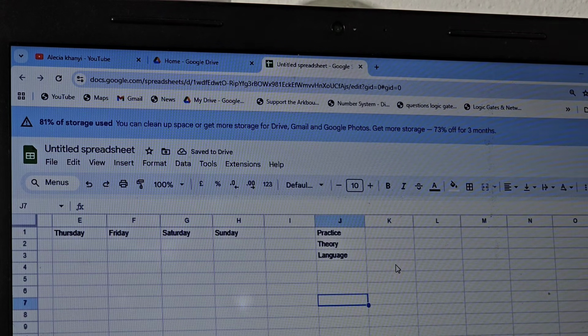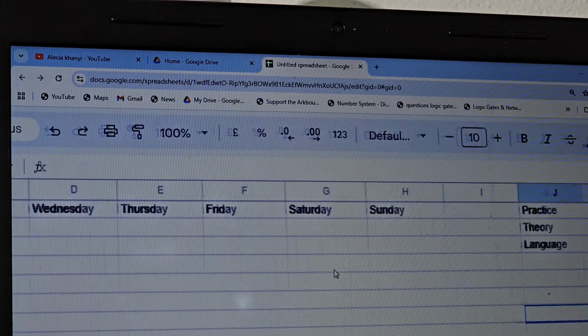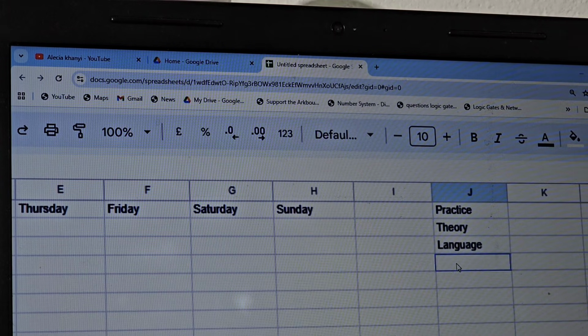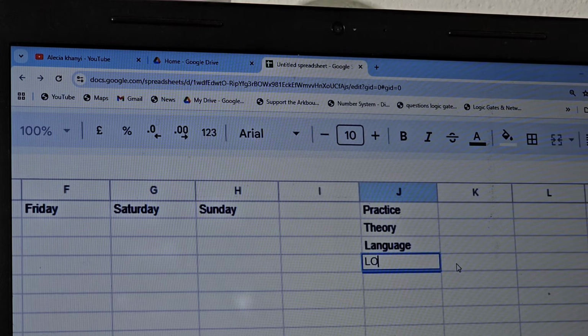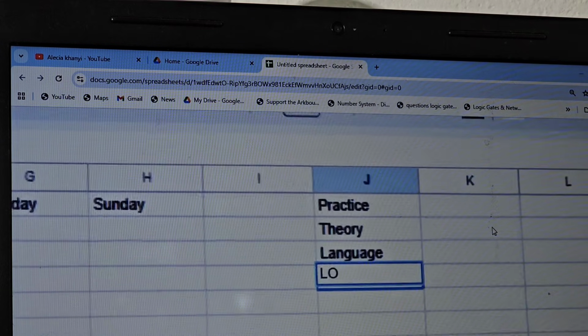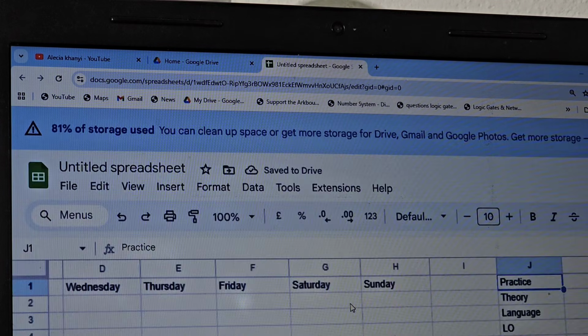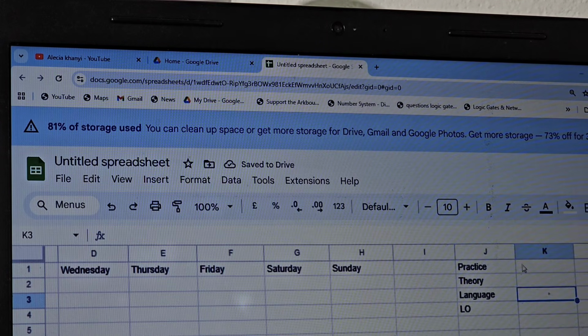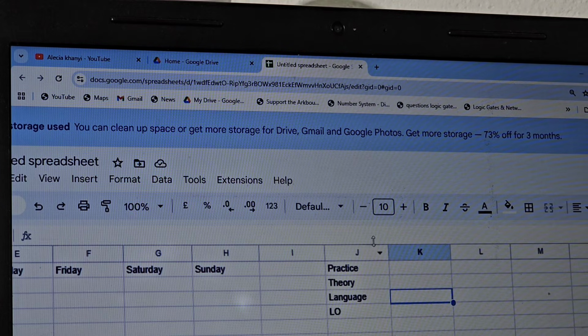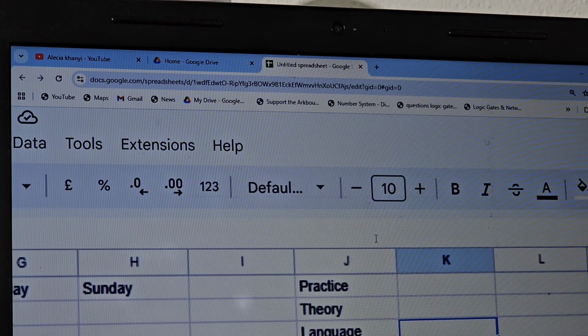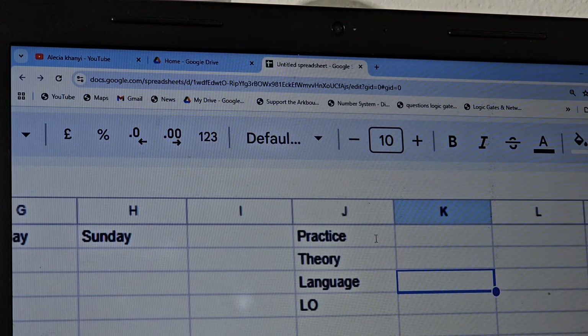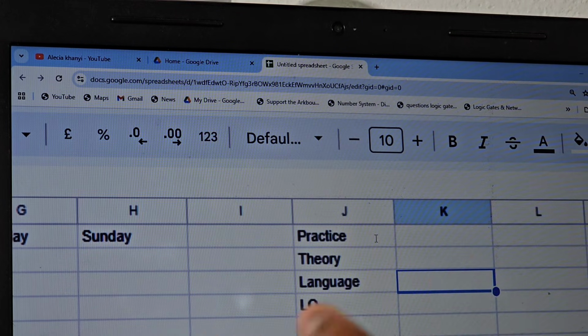Maybe I should stop zooming. Maybe I should have done a test shot before I actually did it. Okay, so I'm trying to make sure that it's visible in front of the camera. So this is your basic skeleton, your structure: practice subject, theory, language, LO.